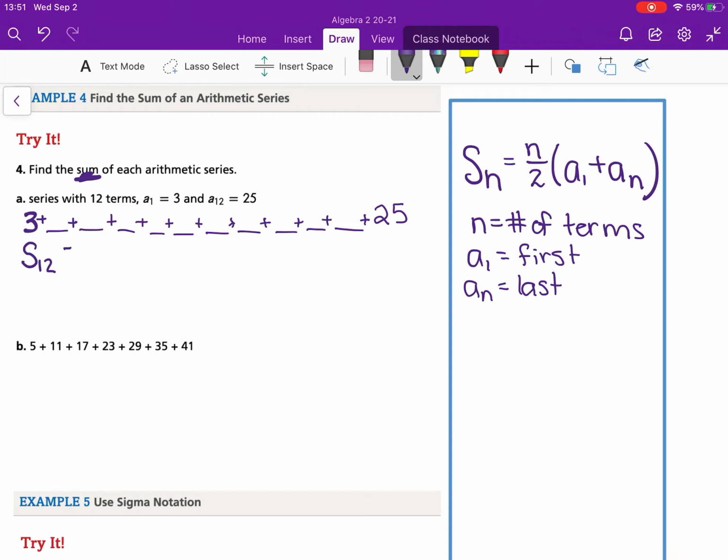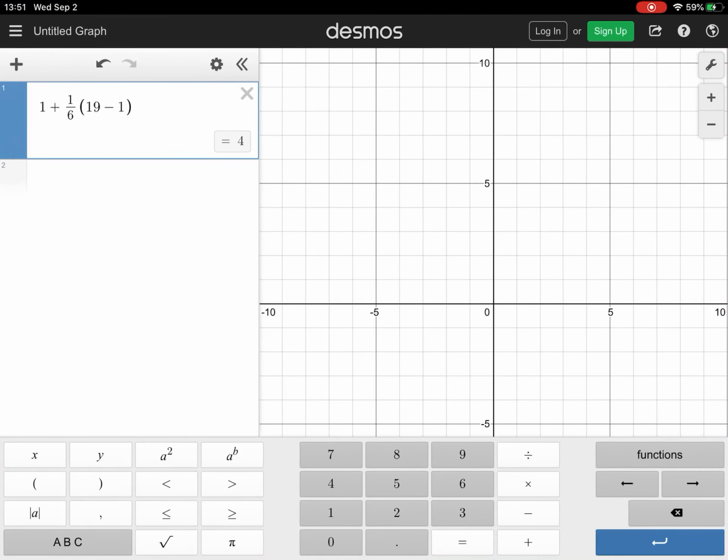So A sub 12 equals 12 divided by 2. So that divided by 2 is always there. You're always cutting it in half. The first term is 3, and the last term is 25. If you're feeling lazy, just go straight to Desmos.